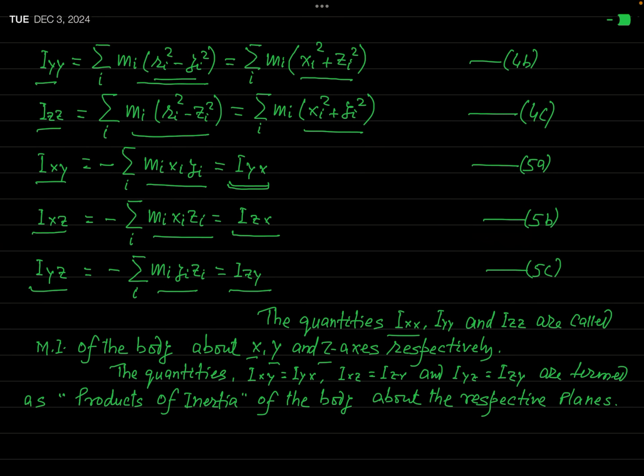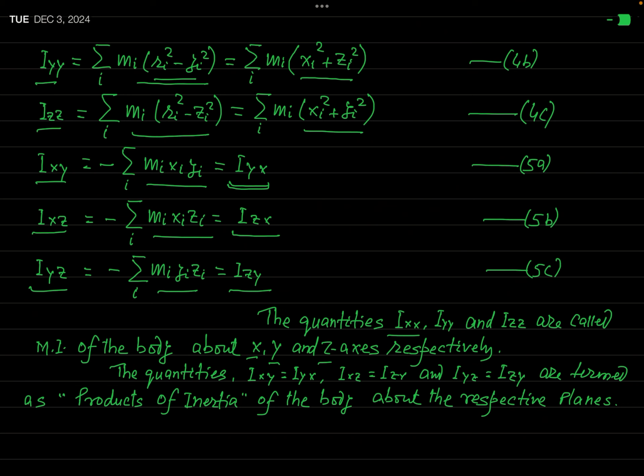Actually, this Ixx is the moment of inertia of this rigid body about the x-axis. And similarly, Iyy is the moment of inertia of this body about the y-axis. Okay? And Izz is the moment of inertia of the same body about the z-axis. Okay? So these are the moments of inertia of the body about the x, y and z axes.